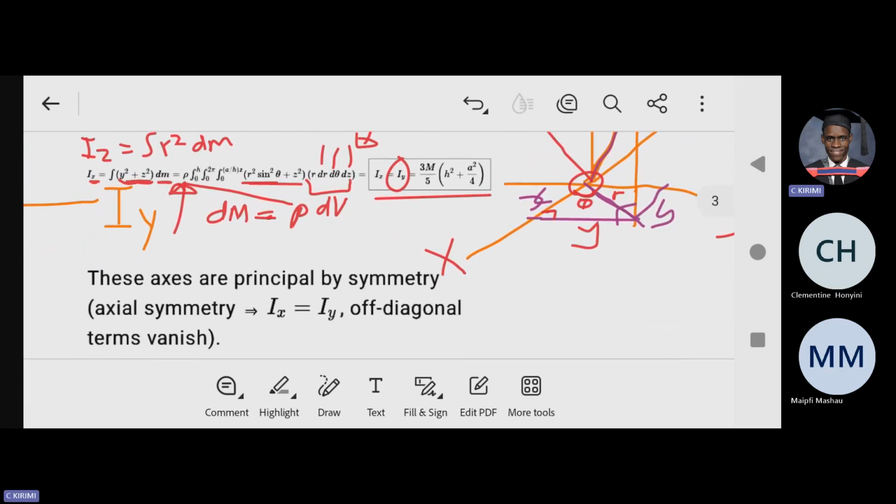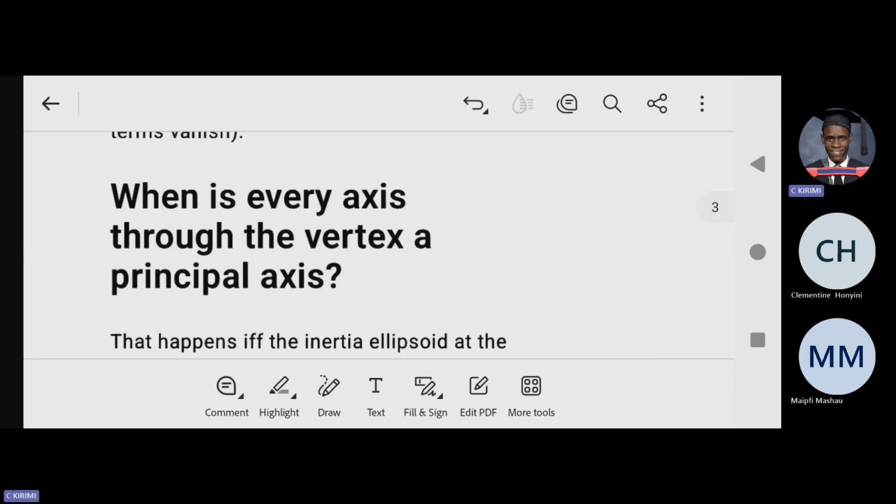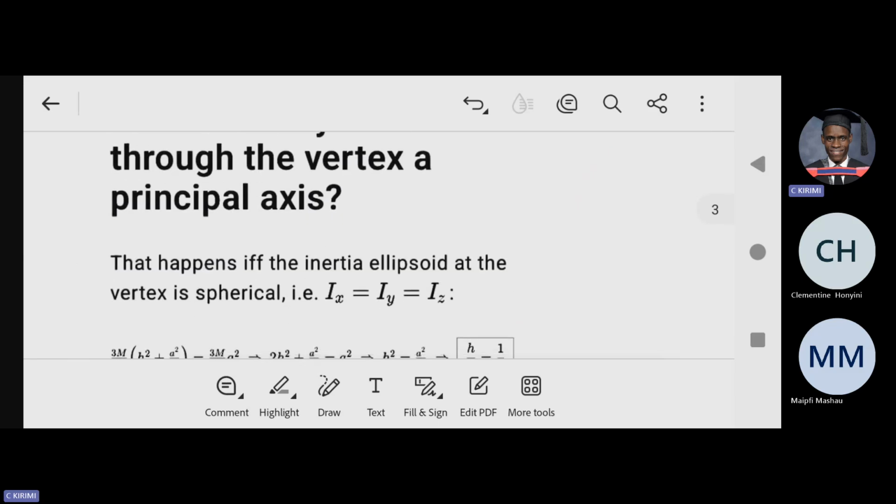All right, so these axes are principal by symmetry, which means with axial symmetry, Ix is equal to Iy. Off-diagonal terms vanish. So when is every axis through the vertex a principal axis?